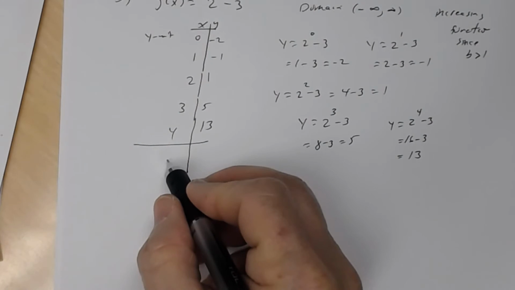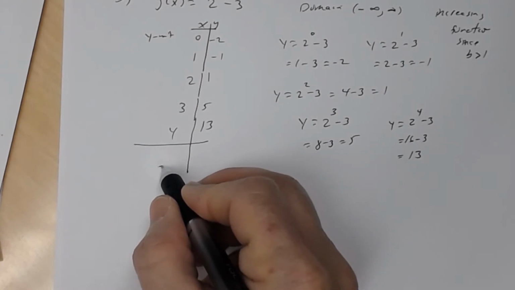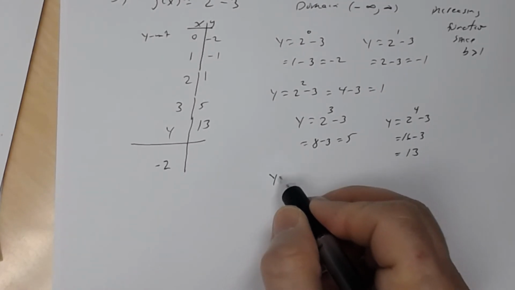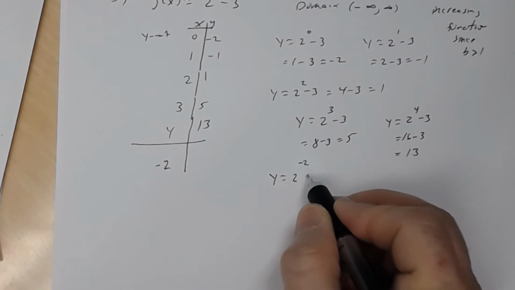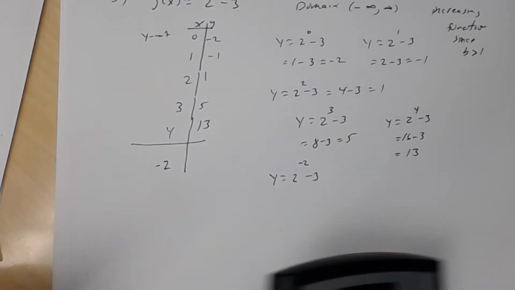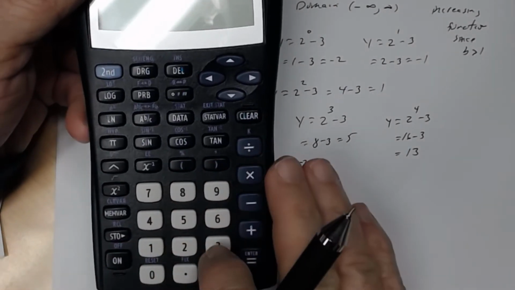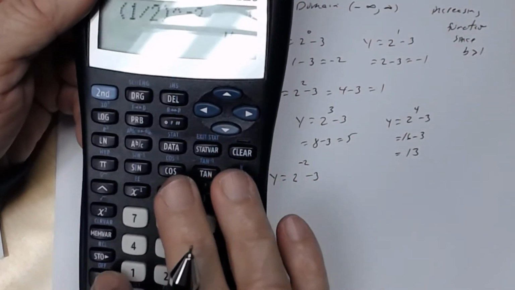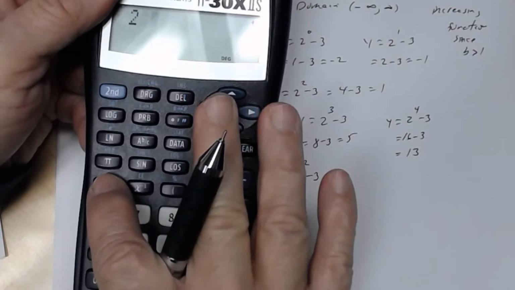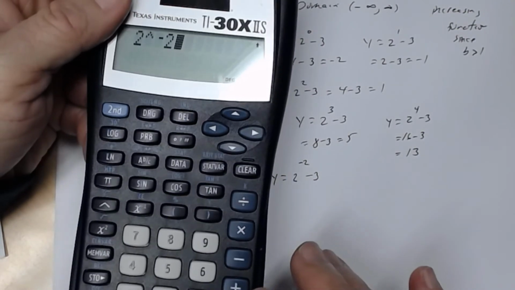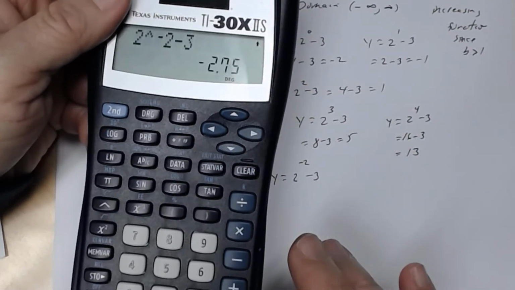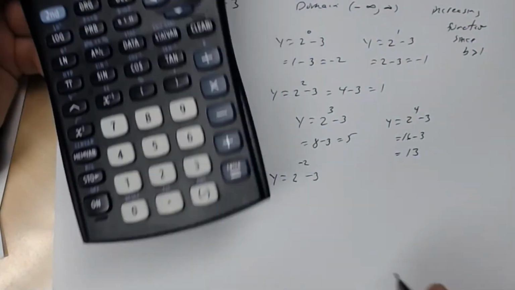But if you did, for example, if x was, let's say, -2, you get y equals 2 to the -2 minus 3. Use your calculator. So 2 raised to the -2, subtract 3, you get -2.75.